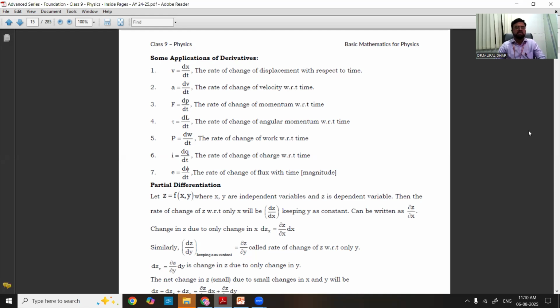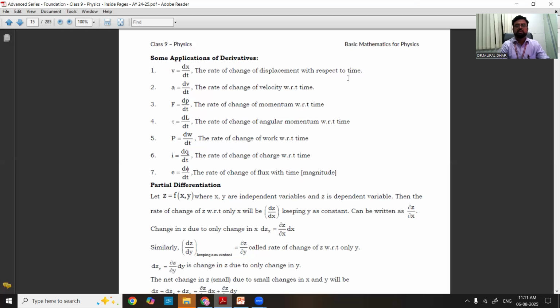So applications are there. See, v is equal to dx by dt is given. This is applicable for the rate of change of displacement, which is called velocity for us. Rate of change of displacement, we use this. Similarly, acceleration a is given: rate of change of velocity. Rate of change of velocity is called acceleration.